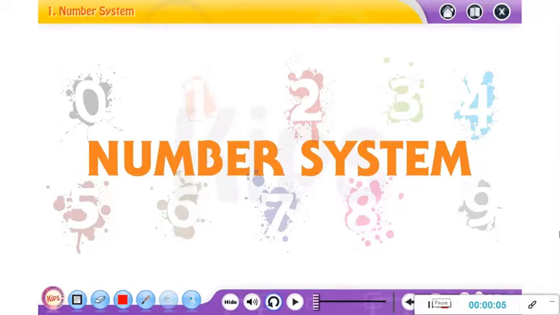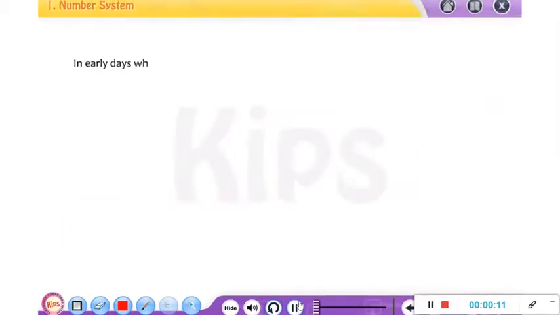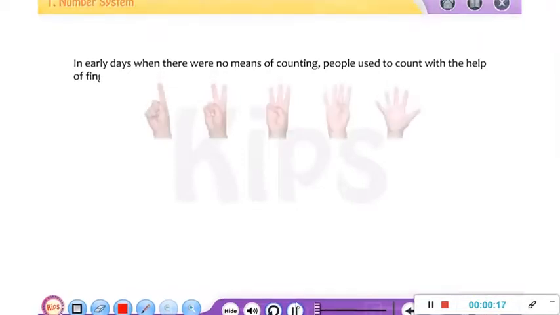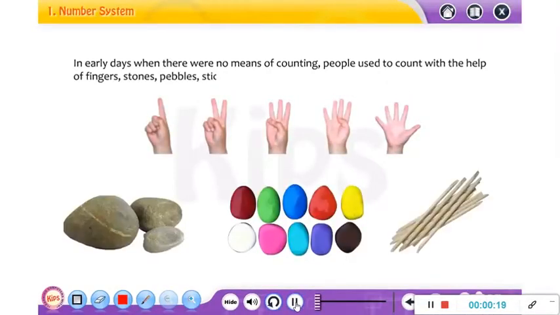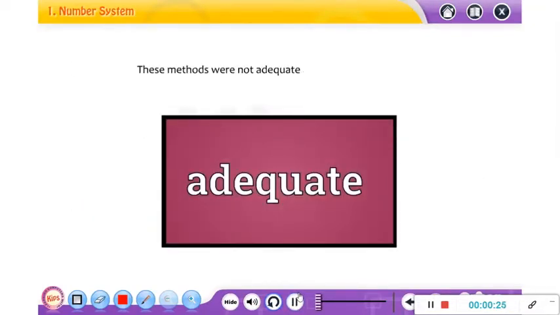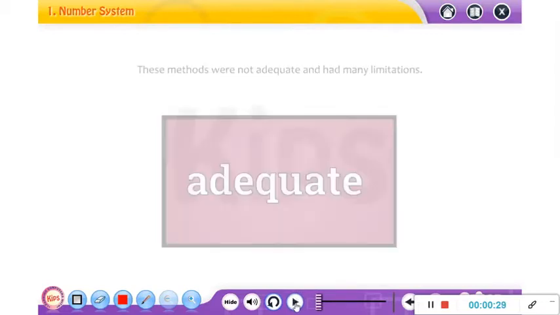So today we are going to start the first chapter of the half yearly, that is number system. In earlier days, when there were no means of counting, people used to count with the help of fingers, stones, pebbles, sticks, etc. These methods were not adequate and had many limitations.